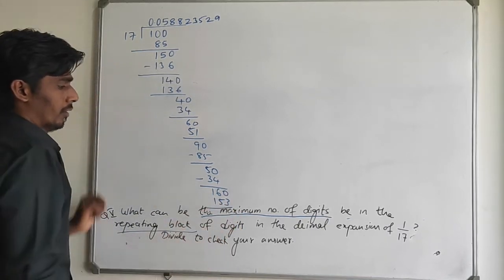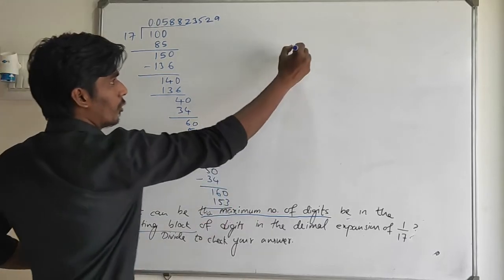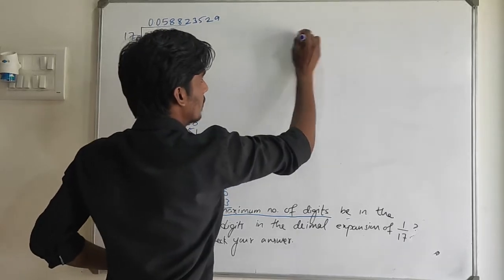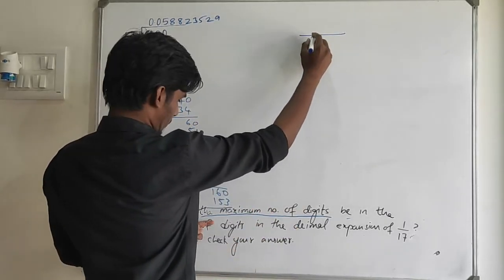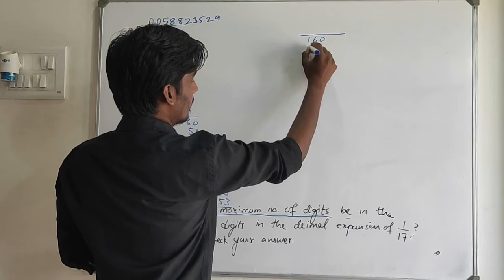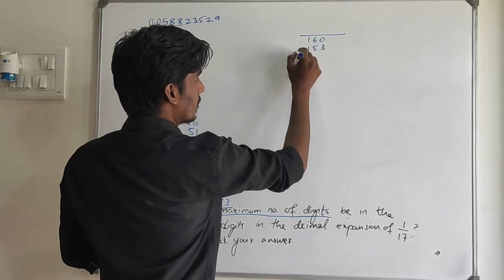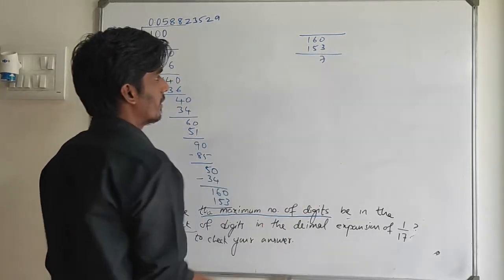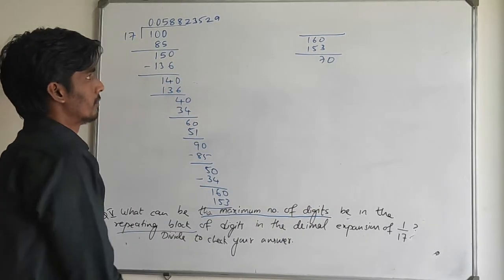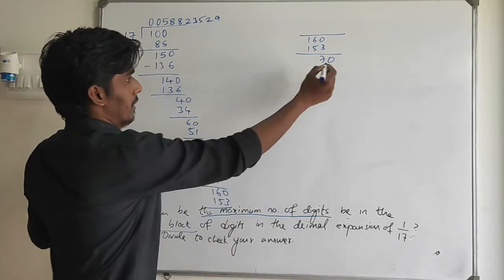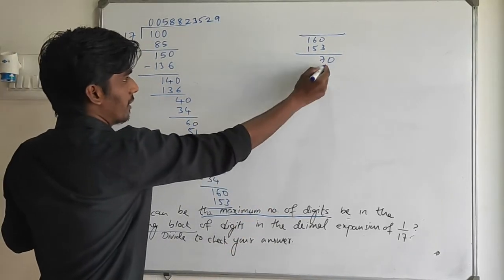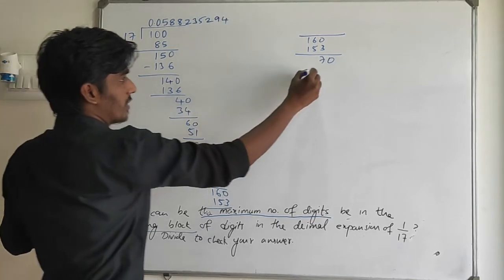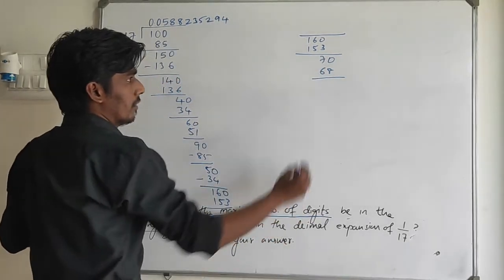As a long division, I am going to continue here. 160 minus 153 is 7. And again here 0. Now 70, 4 times 17 is 68.